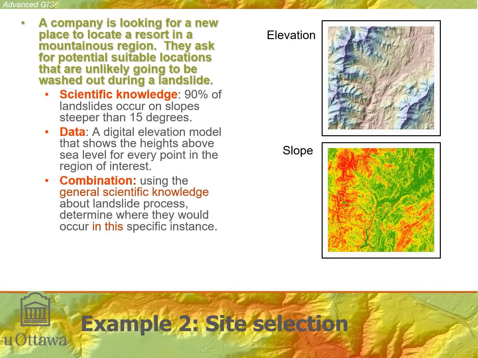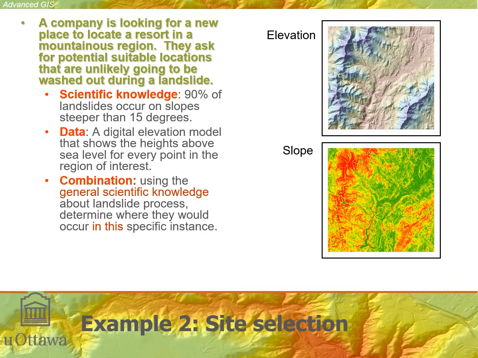So you do research, either primary research or secondary research in the learned literature, and you find out generally that 90% of landslides occur on slopes steeper than 15 degrees.